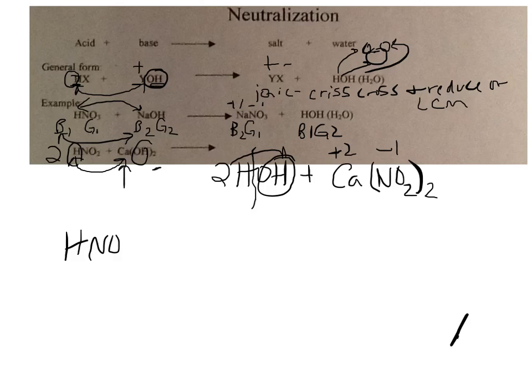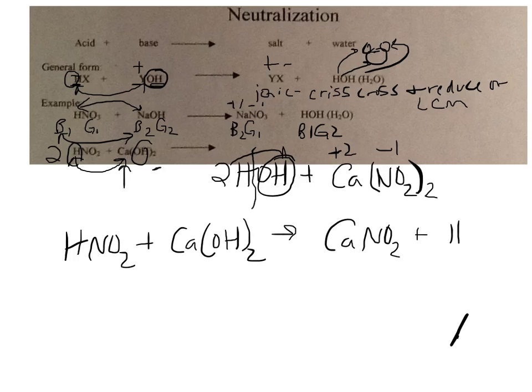Now, it's not incorrect. Chemicals don't have egos, so they don't care who gets written first. Okay, I could start with calcium with nitrate and do hydrogen with hydroxide. Now, if you really want to get particular to charges, you could do +1 and -1 with the hydrogen and hydroxide. They're always going to cancel out and give you that formula.